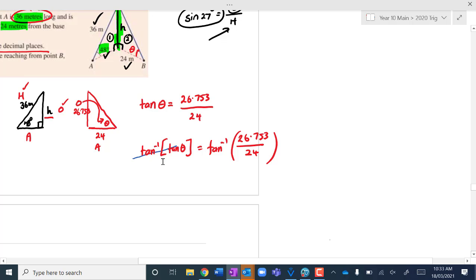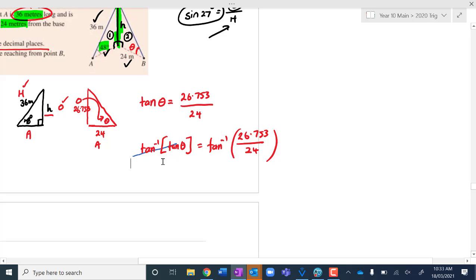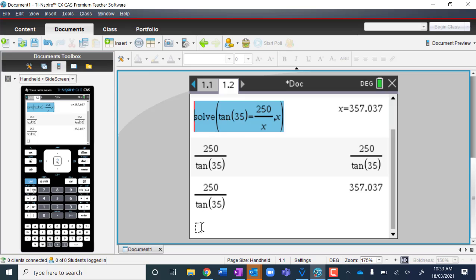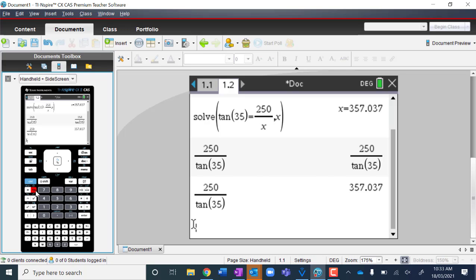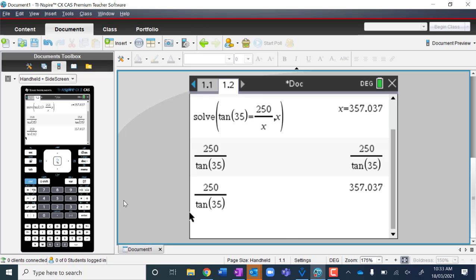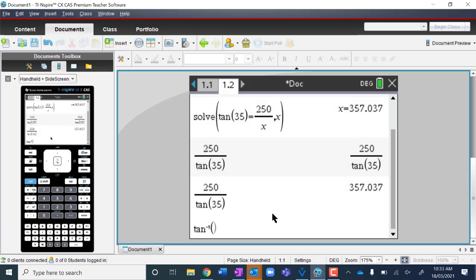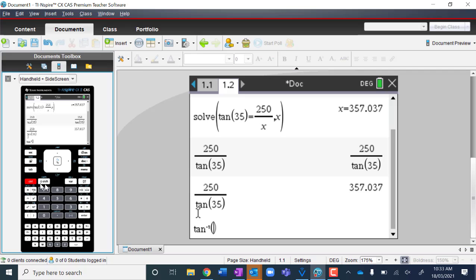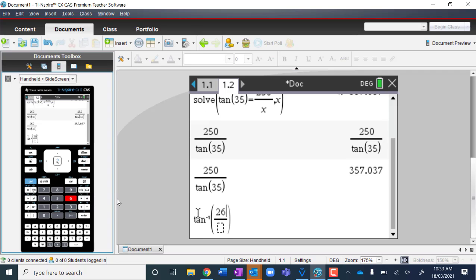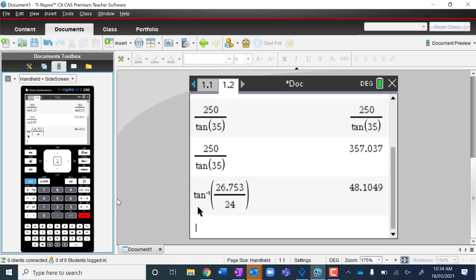Let's do that in my calculator, 26.753. We go Trig, and we're looking for tan inverse, control divide, 26.753 over 24. 48.104.